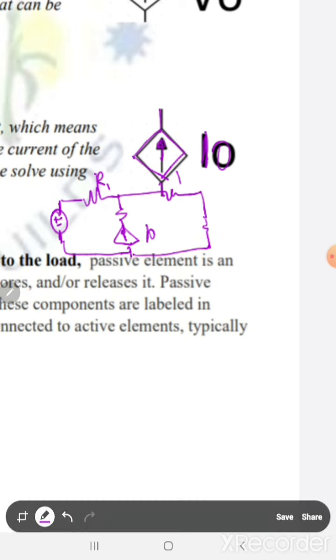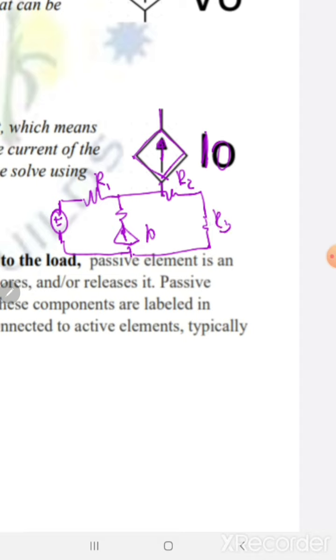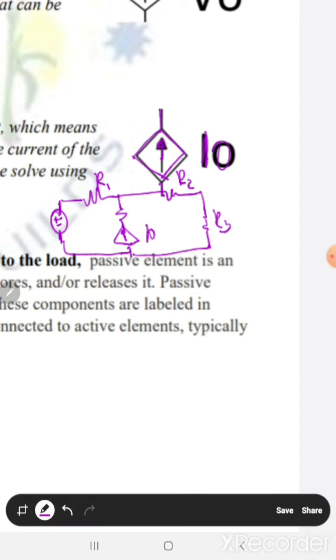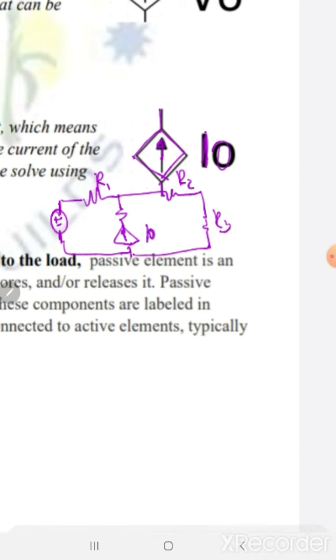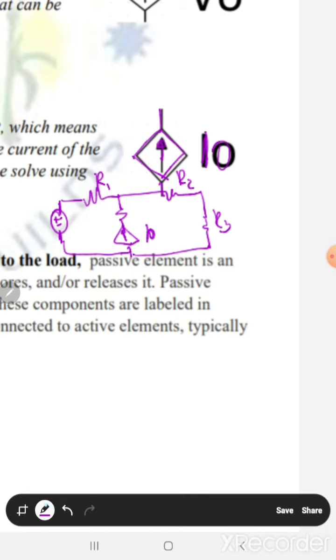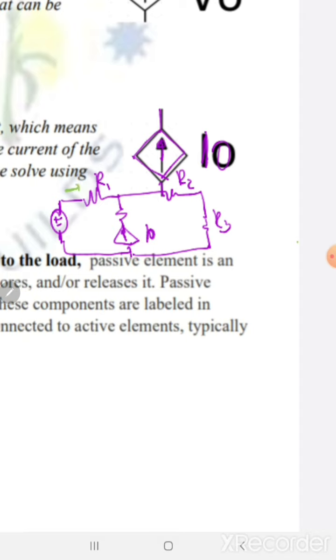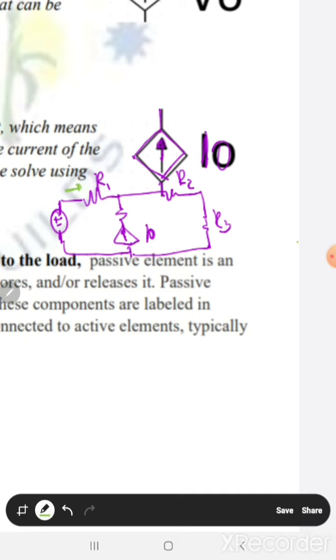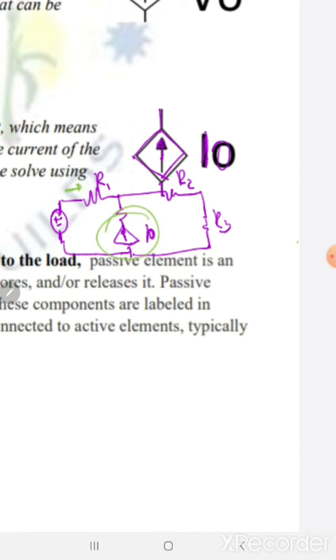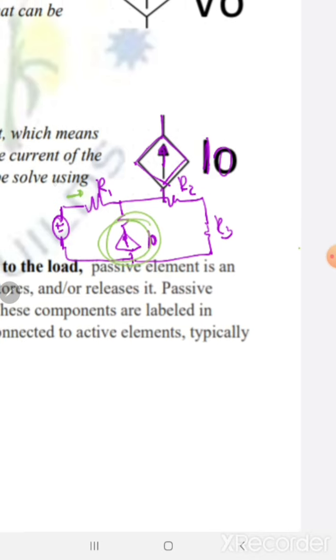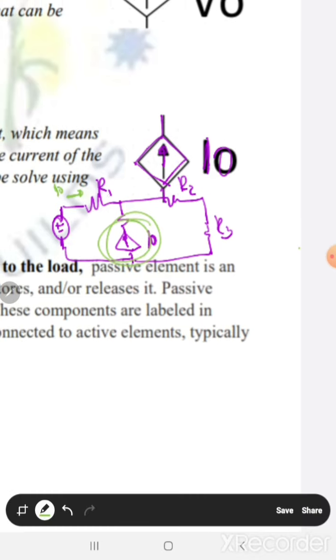So, if you have R2 and R3, okay? So, if you want to get the value of IO here, let's say that your IO is dependent on this element. So, anong gagawin mo para makuha mo yung value ng current IO dito? So, kukunin mo muna yung current dito. Okay? Current IO natin.